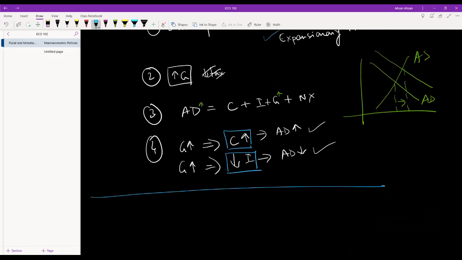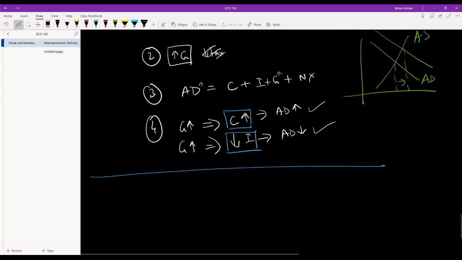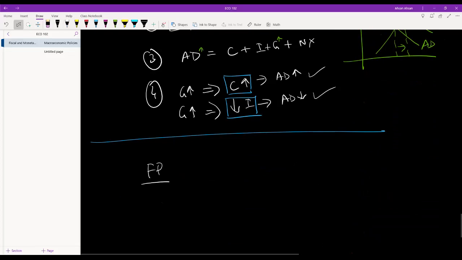So if I were to sum up what we have done so far in fiscal policy, we have seen the definition, which tells us that fiscal policy is the way in which the government manipulates its budget, its receipts and outlays, to achieve certain economic objectives.